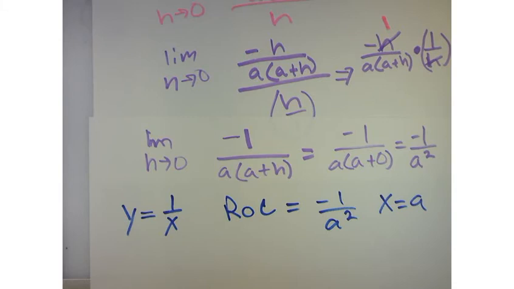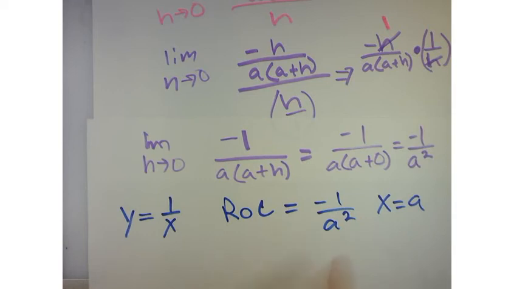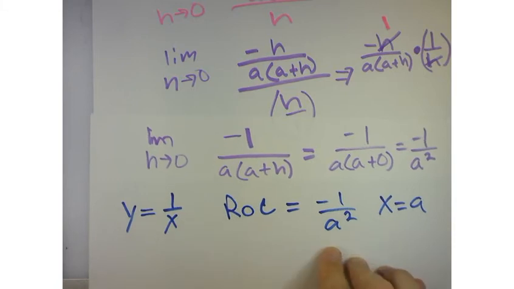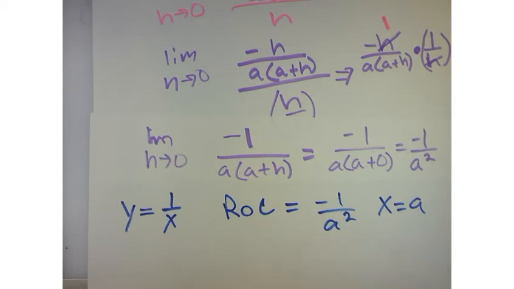So if I want to know the slope of 1 over x, negative 1 over x squared, I only have to plug into negative 1 over x squared. So what I've done is I've written an equation that I could pick out any number. Want to know the slope of 1 over x when x equals 3? Plug in 3 for a. Want to know what it is for negative 4? Plug in negative 4. And that'll give you the slope every time.